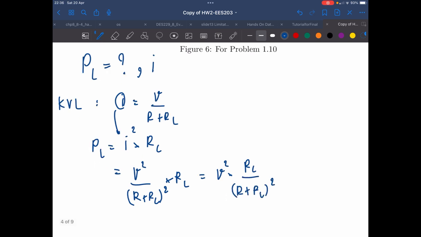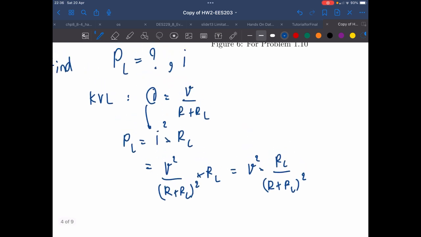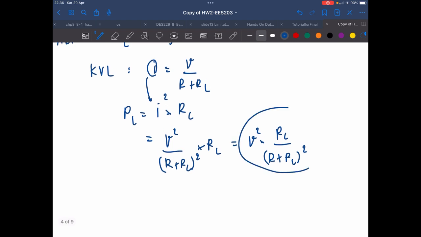Now, as you can see, this power occurring at the load is a function with respect to RL.